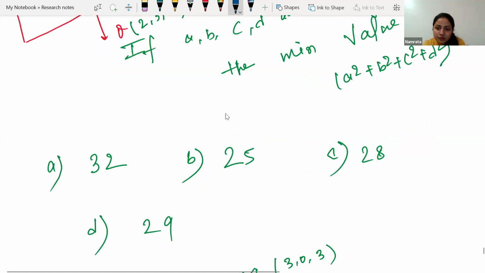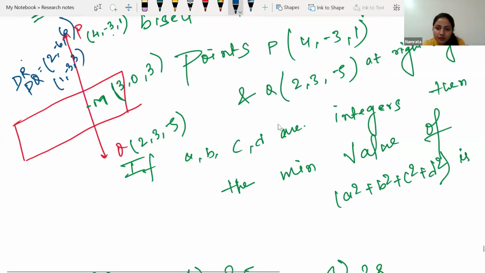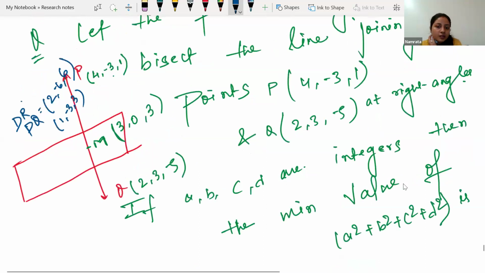Here, what we have to find is the minimum value of A square, B square, C square, D square. So first we must find the equation of the plane.